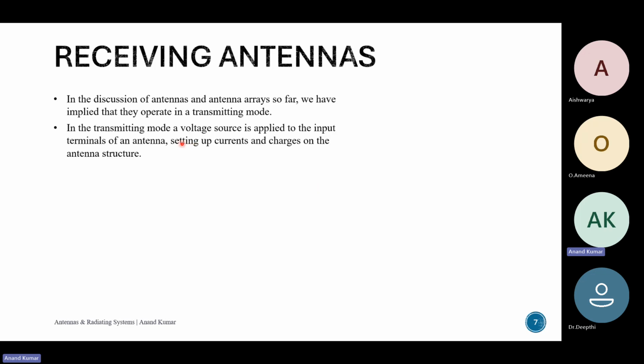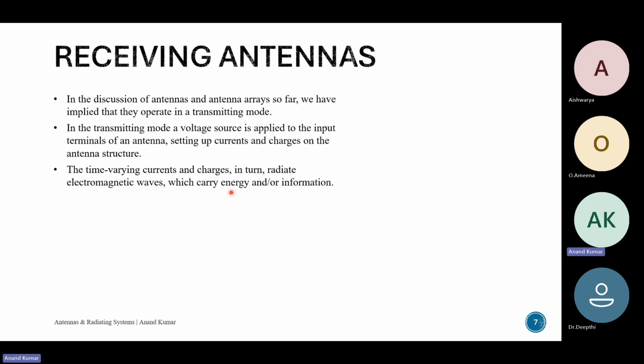In the transmitting mode, a voltage source is applied to the input terminals of the antenna, which sets up currents and charges on the antenna structure. These time-varying currents and charges in turn radiate electromagnetic waves, which carry the information that we intend to send.